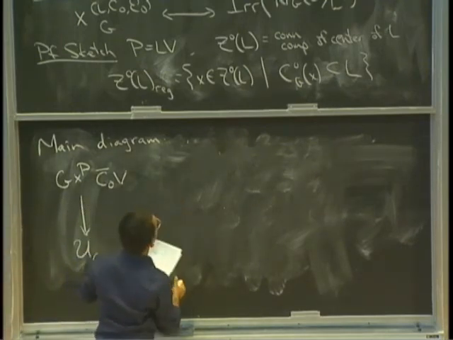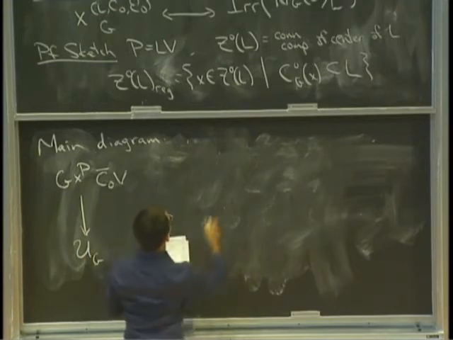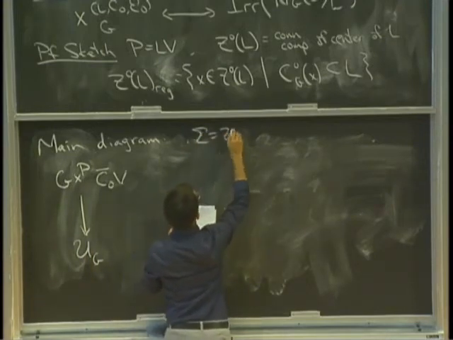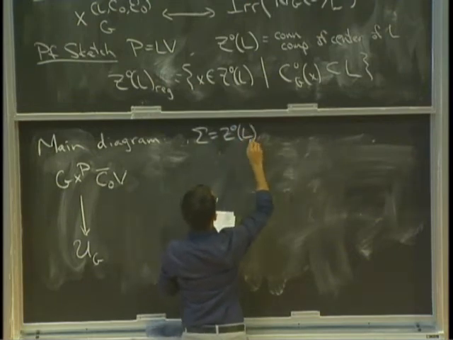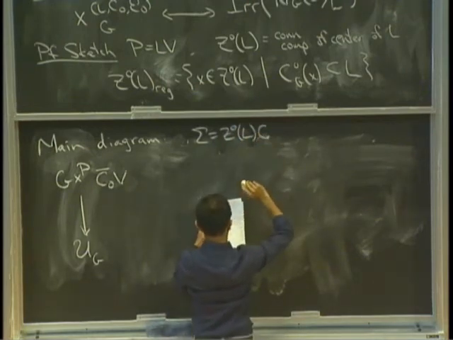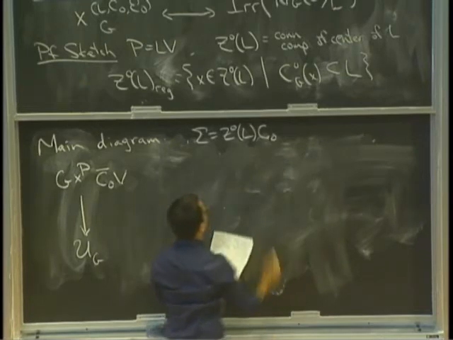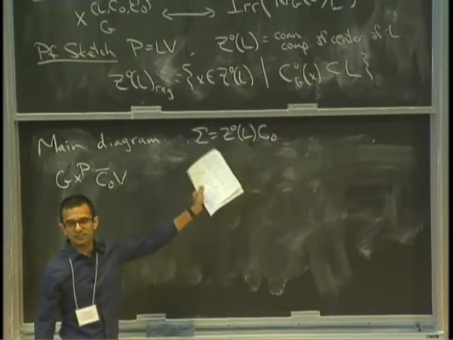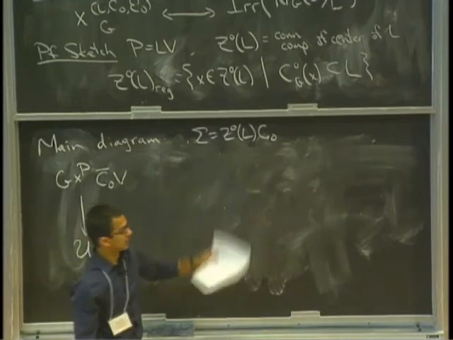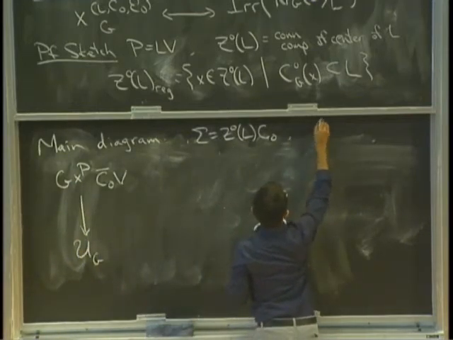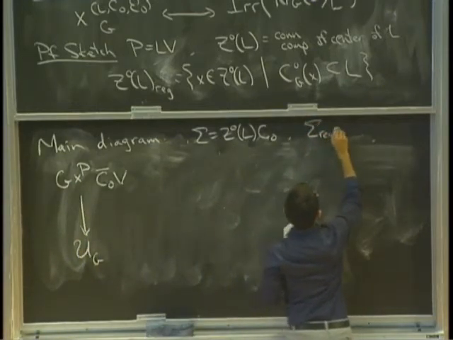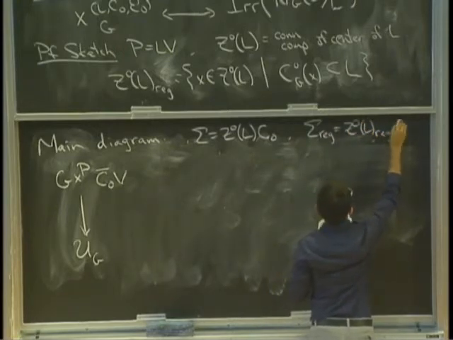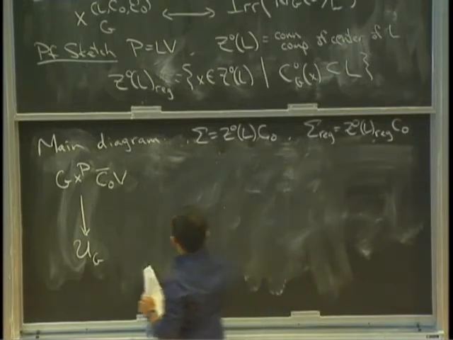Oh, sorry. I think I wanted to introduce a bit more notation. So let's let sigma be Z naught of L times C naught. So this is contained in the Levi, but it doesn't have just unipotent elements anymore. It has these central elements in it as well. And then sigma reg is Z naught of L reg times C naught.